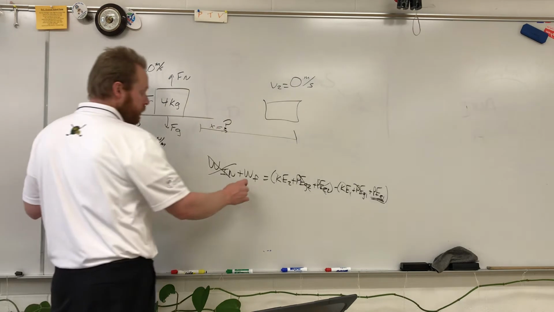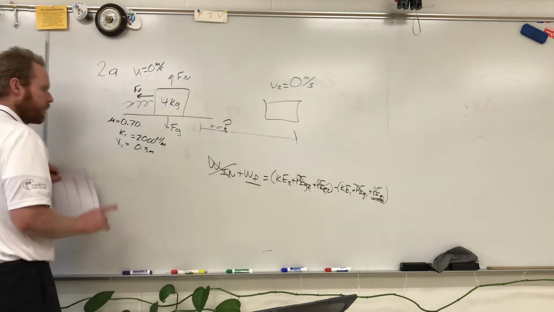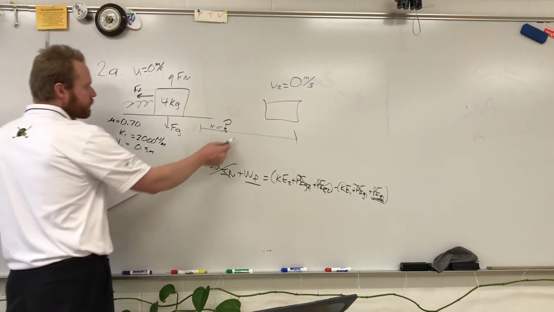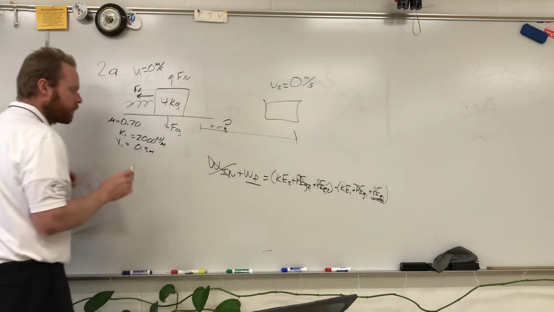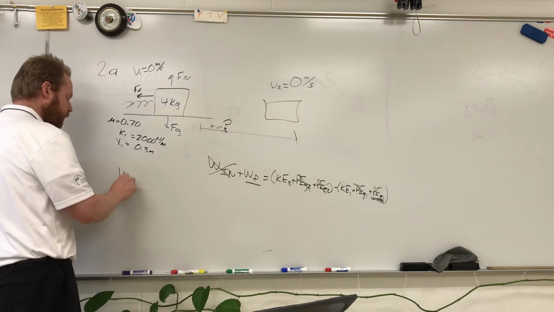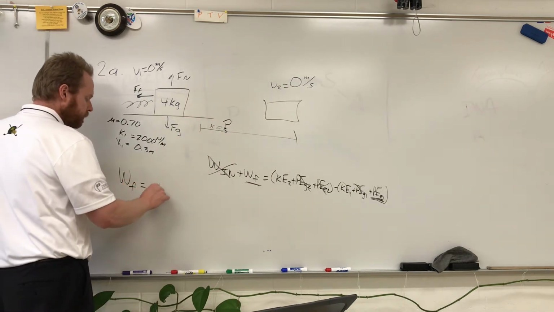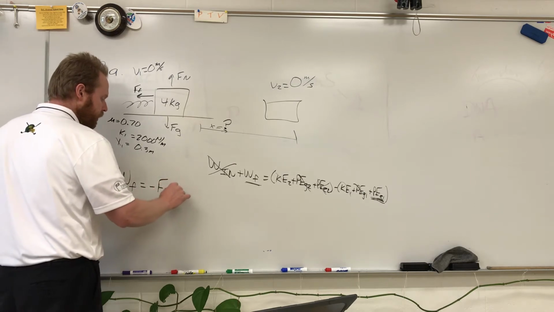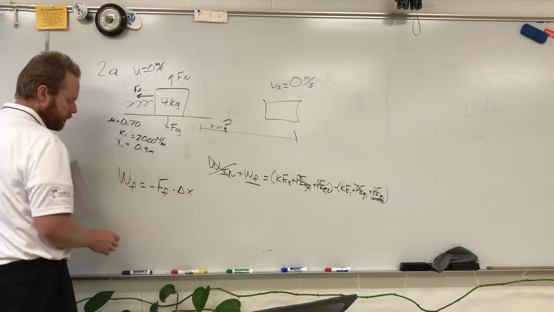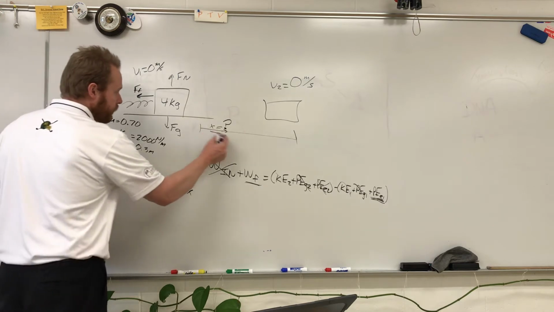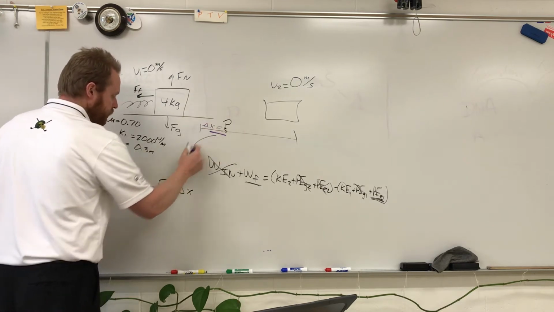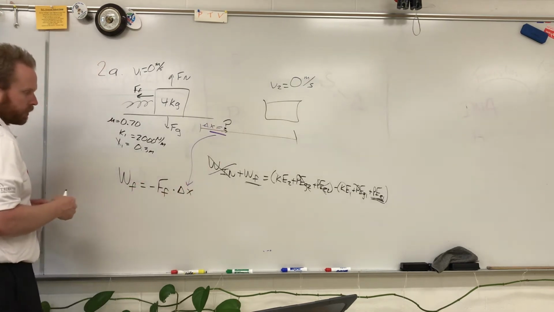There is friction though. Okay, so in order for us to solve for this, we are going to solve for that delta x in our work done by friction equation.